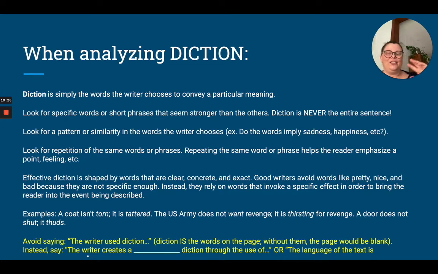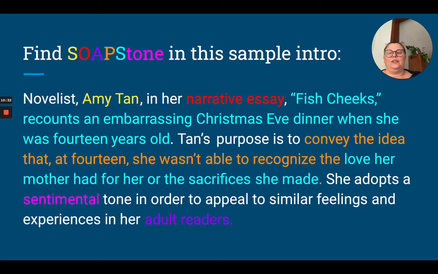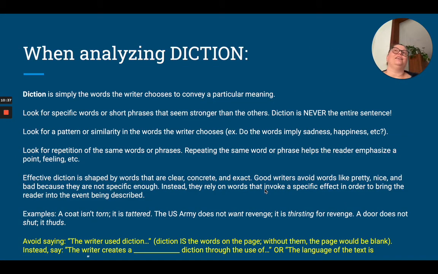You want to say the author creates a blank diction through the use of... So you want to say something like the author creates an inspiring tone through the use of word choice, words such as, okay, or the language in the text is, okay.